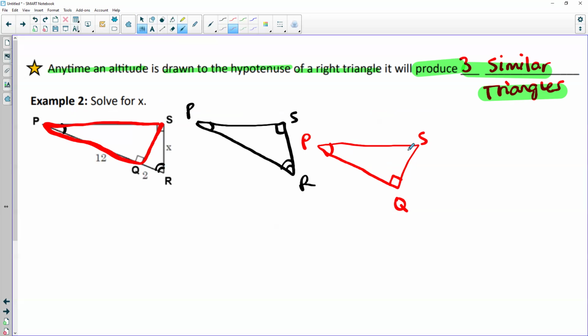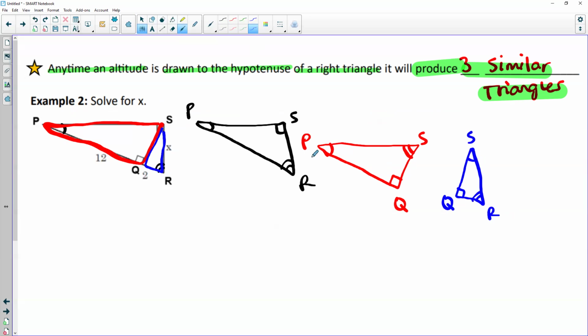That means that S would have to be the one that is two rings, from the conversation that we had earlier. And then lastly, we have this right triangle here in blue. We're looking at triangle Q with the right angle, R with the double rings, and then S means that it would have one ring.